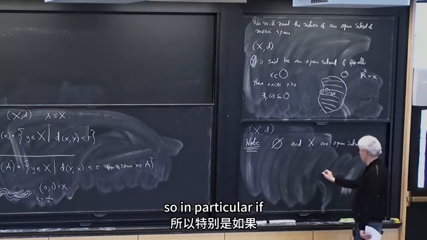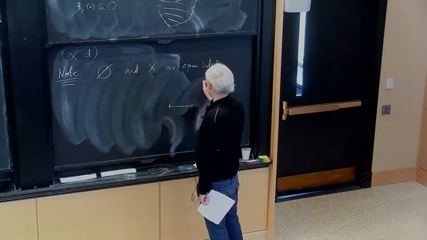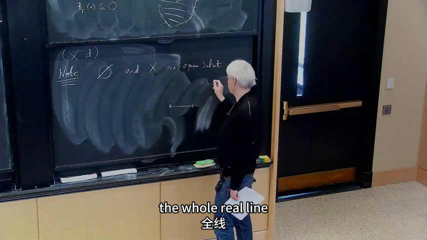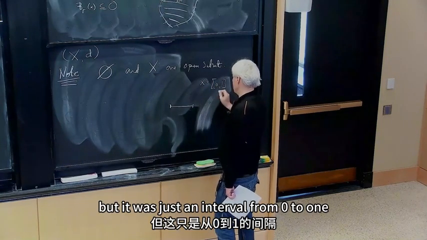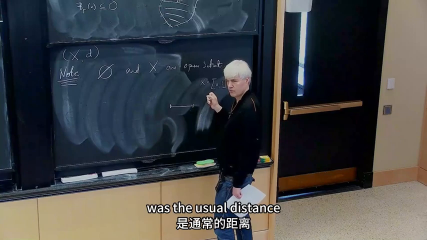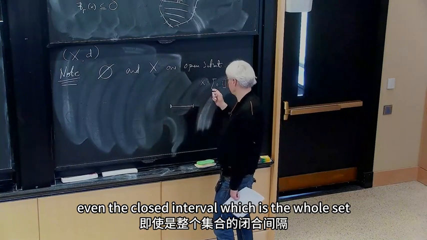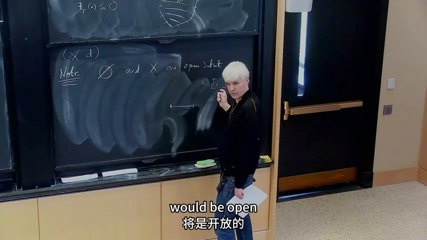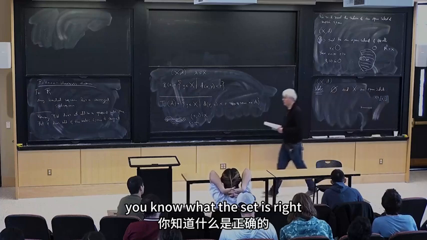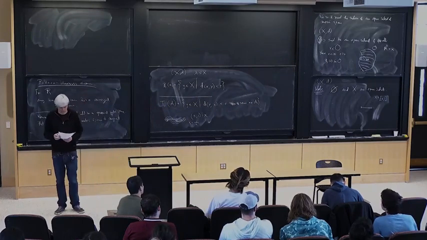In particular, if X was not the whole real line, but just the interval from 0 to 1, with the usual distance between elements, then even the closed interval, which is the whole set, would be open. So you should be careful about what the set X is.